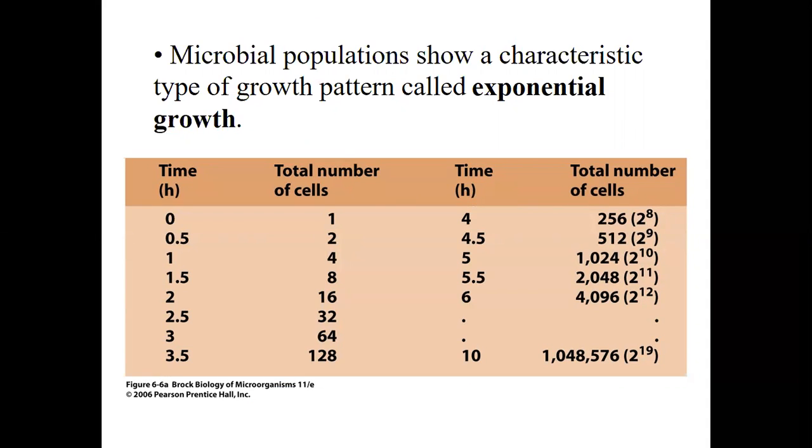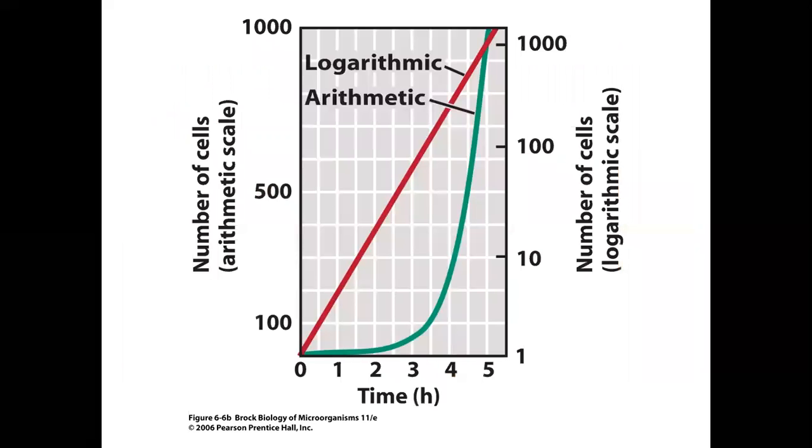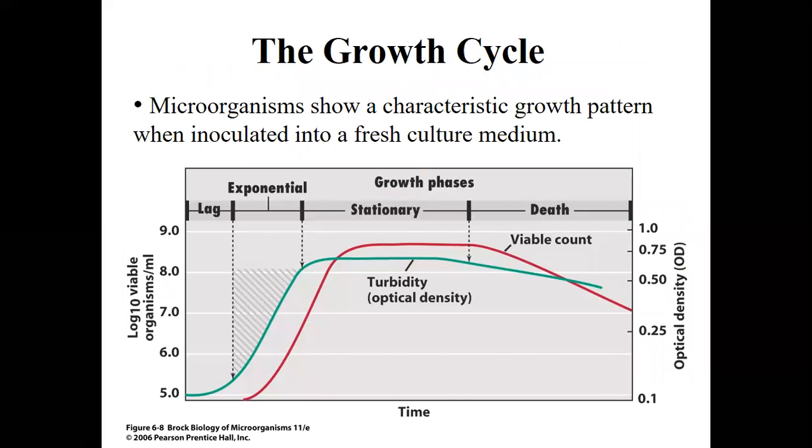So a microbial population has some growth phases, which we call the life cycle of the microorganism or the life cycle of the bacteria. So how can we calculate this life cycle?